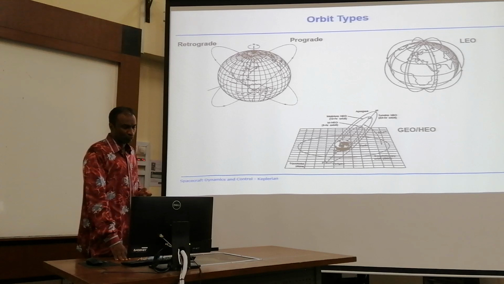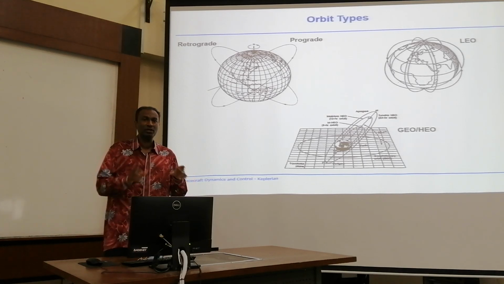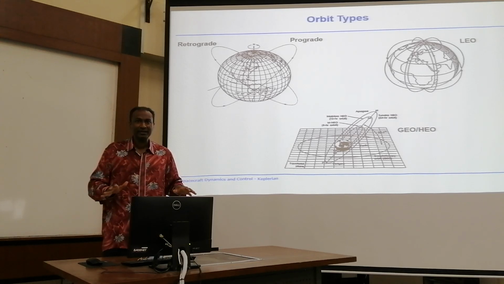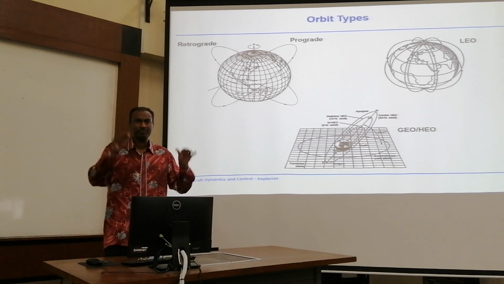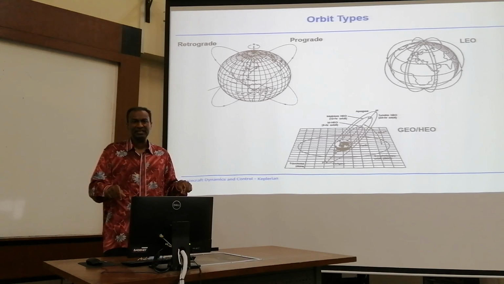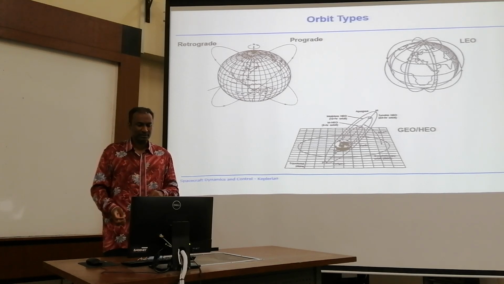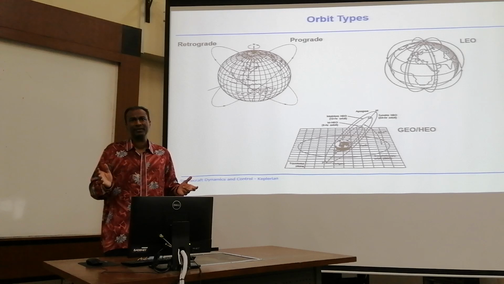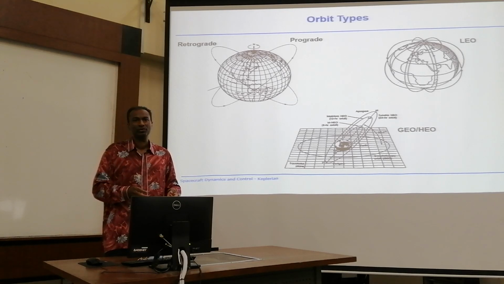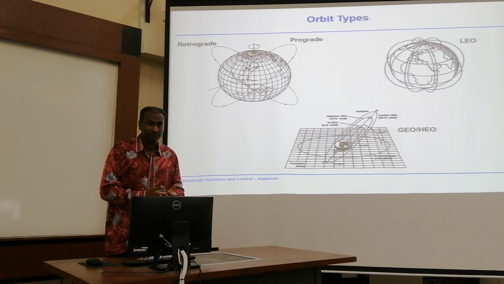Orbit types, retrograde, LEO, GEO, all these you have been exposed to. In any orbit you fly, attitude control is a must, period. Regardless whether it's retrograde, prograde, LEO, GEO, HELIO, whatever, attitude control is mandatory. You have maybe also done interplanetary missions.